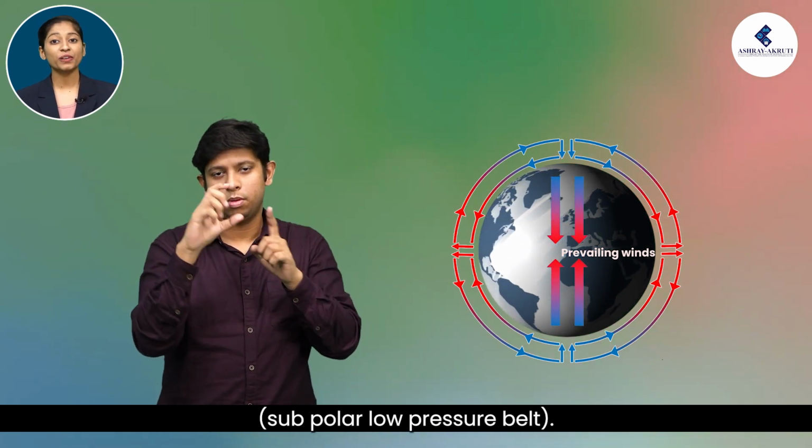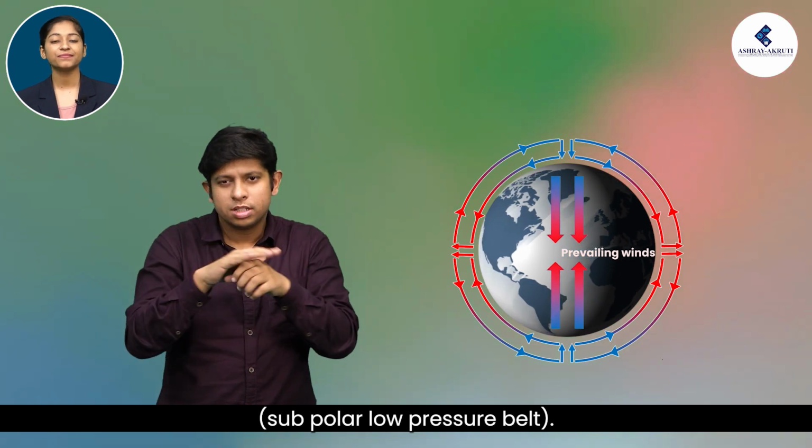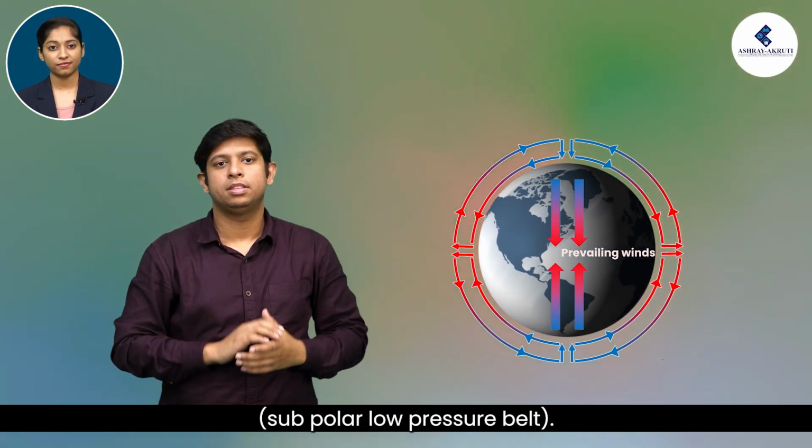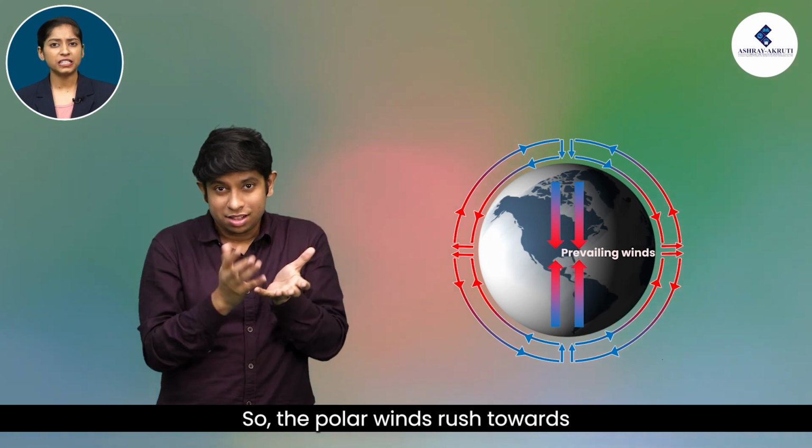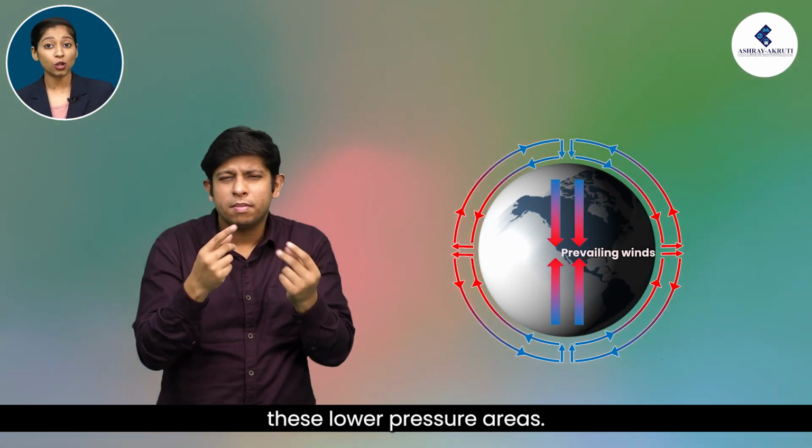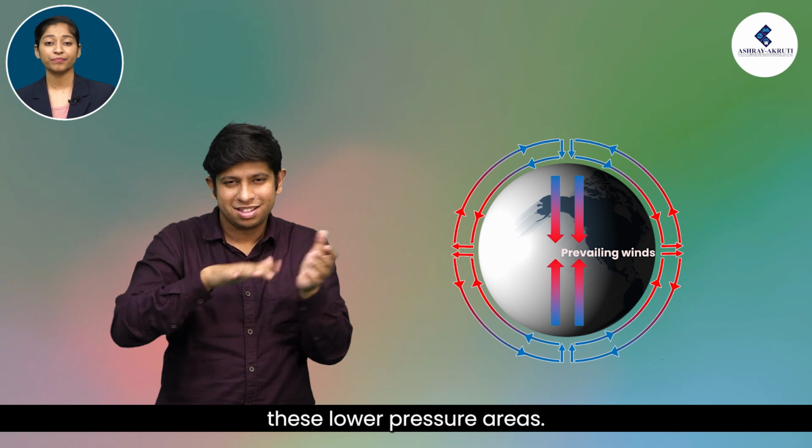Subpolar low pressure belt. So, the polar winds rush towards these lower pressure areas.